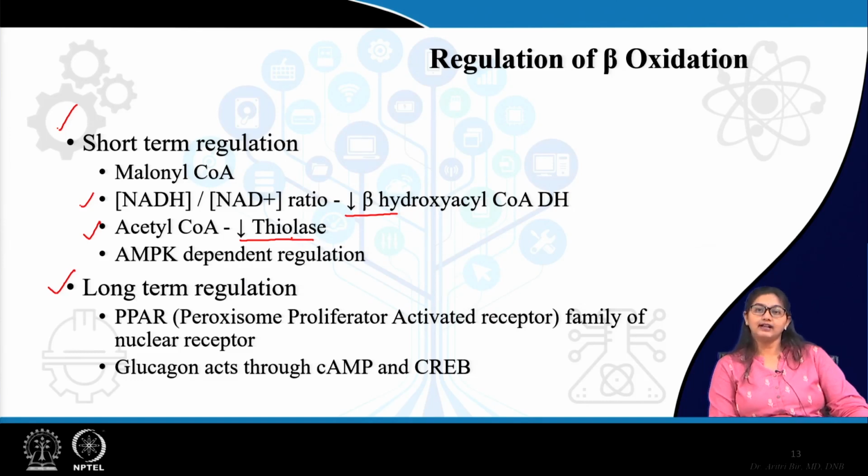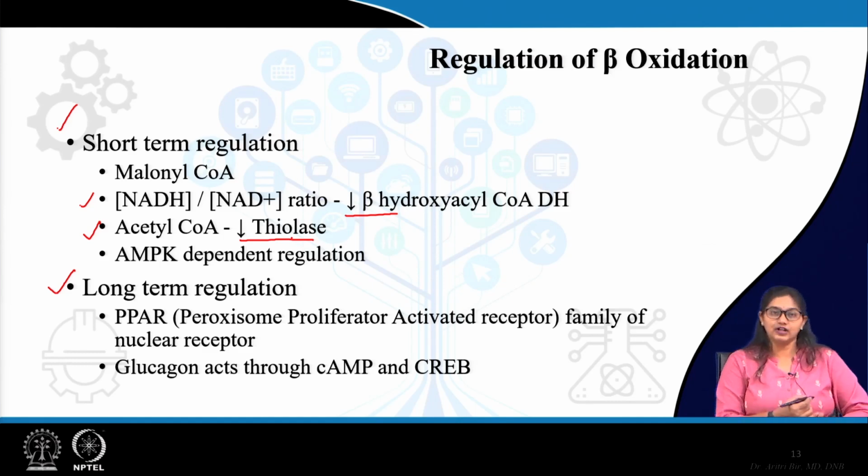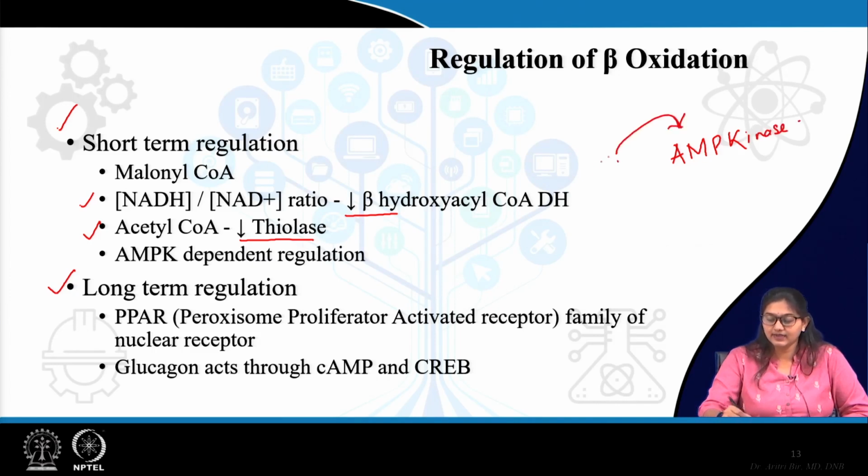Now, apart from glucagon mediated phosphorylation, there is also AMPK dependent phosphorylation. AMPK is the AMP dependent kinase enzyme, activated by AMP.